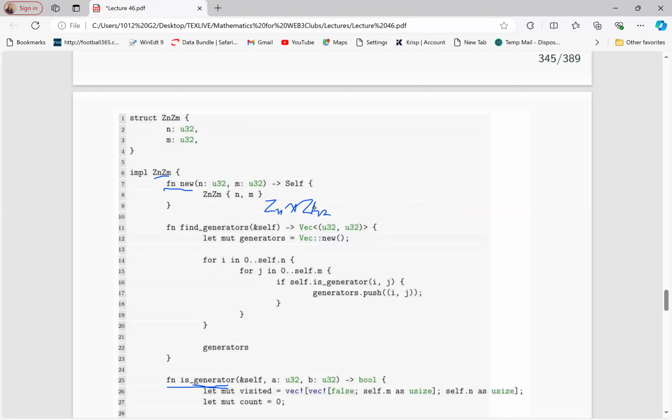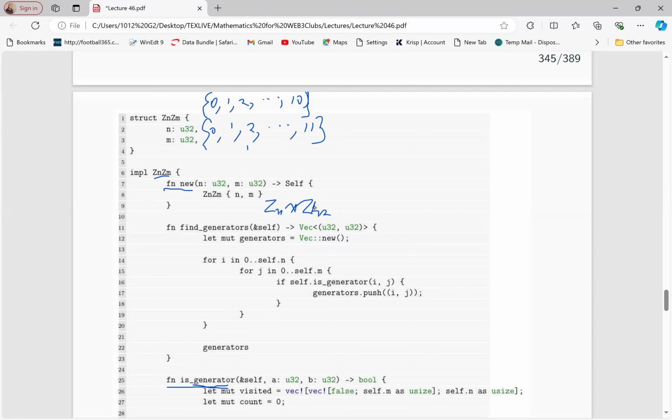It understands the elements in Z11. It understands that Z11 has elements 0, 1, 2, all the way up to 10. It also understands the elements in Z12 are 0, 1, 2, all the way to 11.